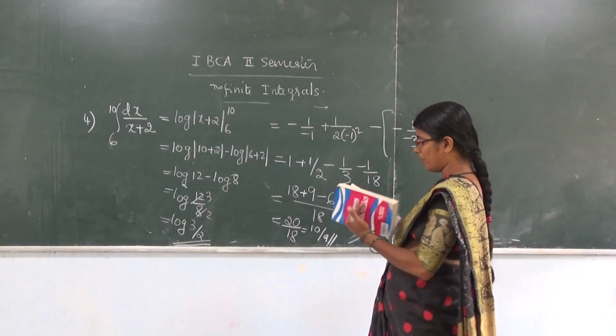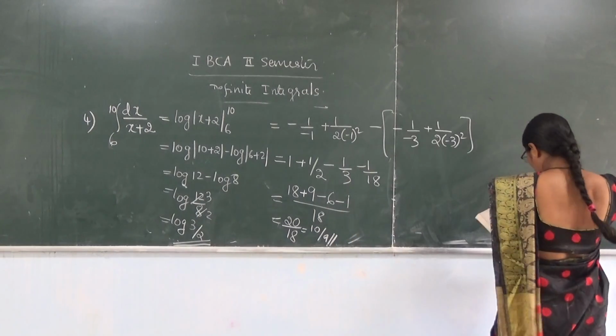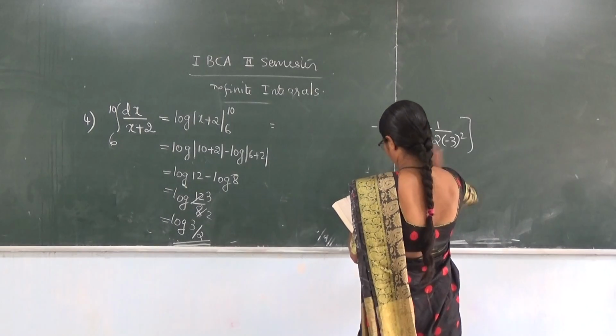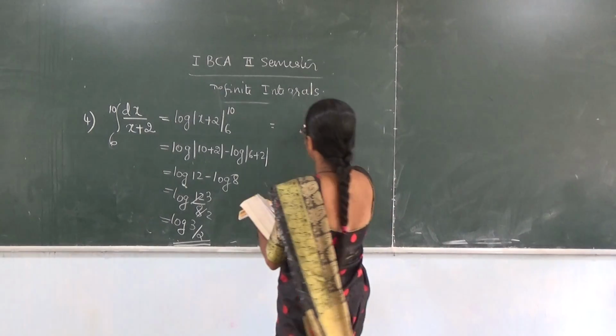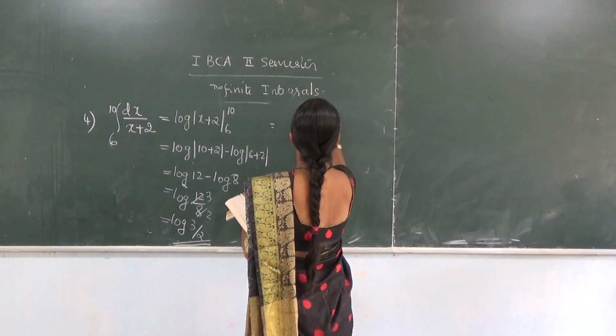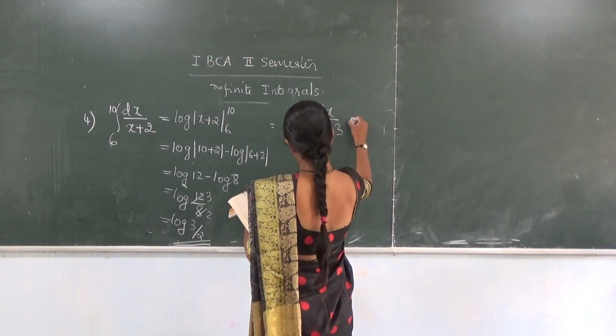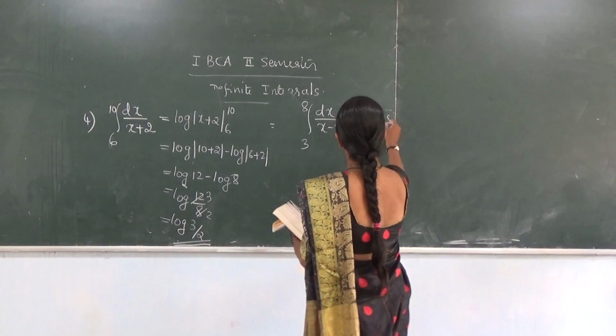The next problem is: prove that the integration of 1 by x minus 3 with respect to x from 3 to 8 is log 5.